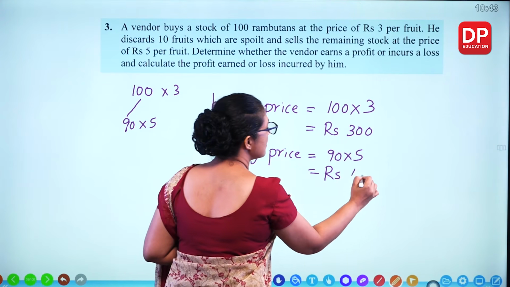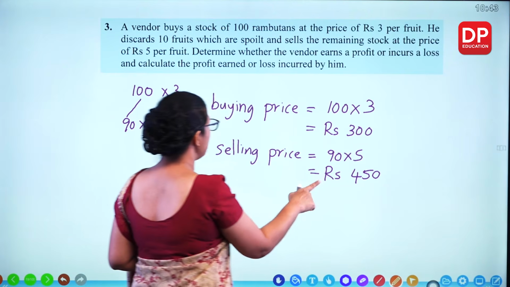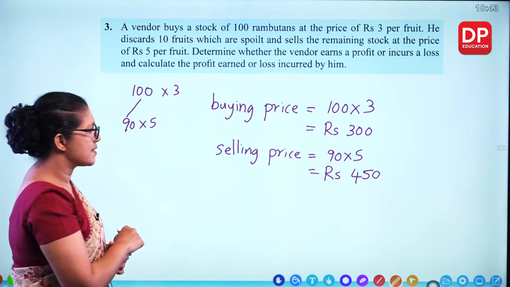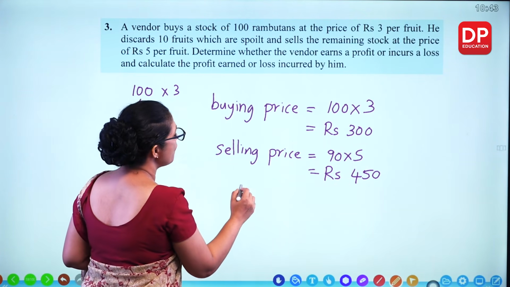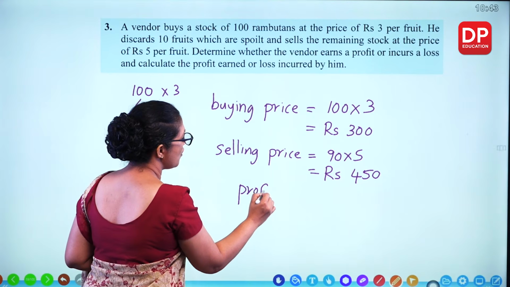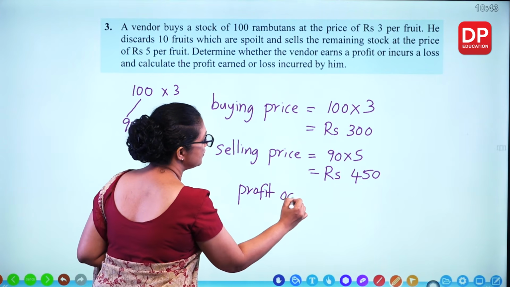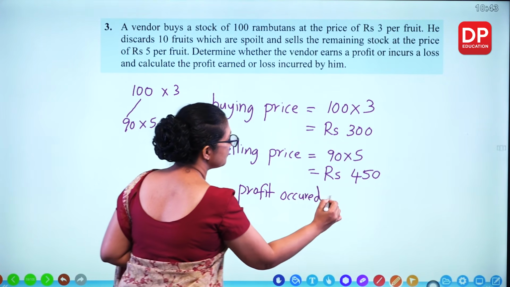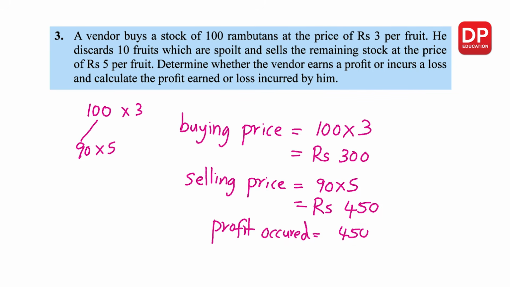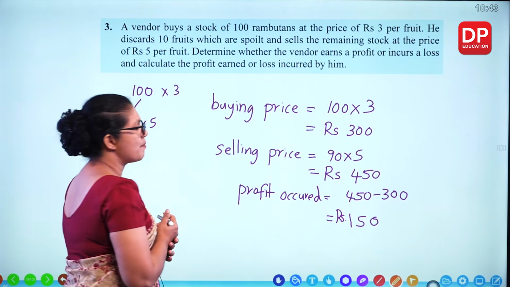That's 450. Now selling price is more than buying price. So that's a profit. So what is the profit occurred? 450 minus 300. So 150 rupees profit occurred.